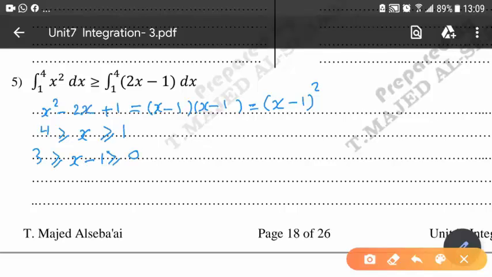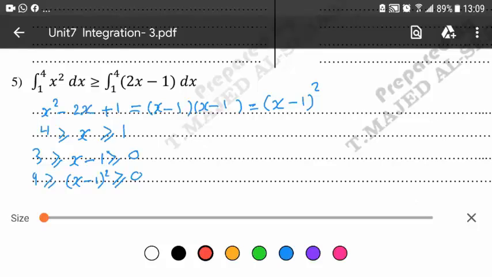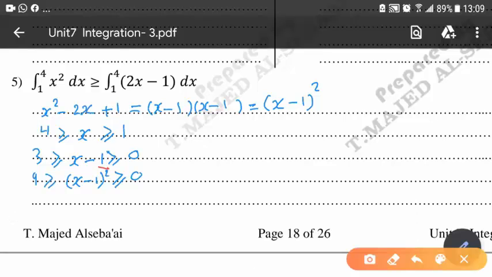Now square all the sides. So this will be squared. This will be 9. This will be 0. So as you can see, this function is always positive because it's between 0 and 9.